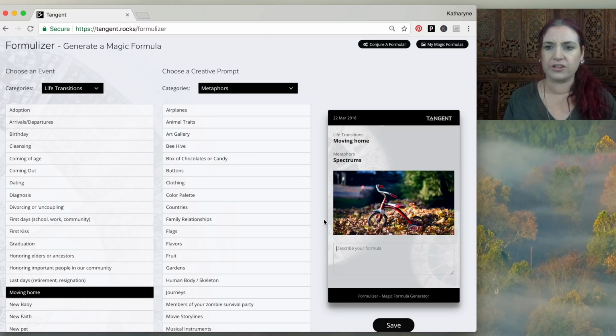Whoa. You can also go in different directions with spectrum. For me, I think about the autism spectrum, which makes me think about how you help a child through the process of moving home. Maybe you could create a book for CreateSpace about that. If you're creating a product for a particular niche, like moving home for kids on the autism spectrum, one thing you can do is curate information from elsewhere.